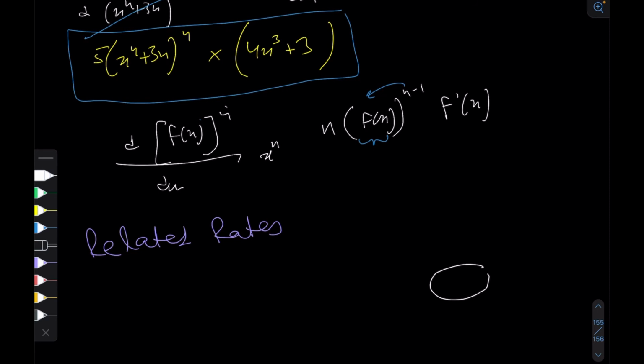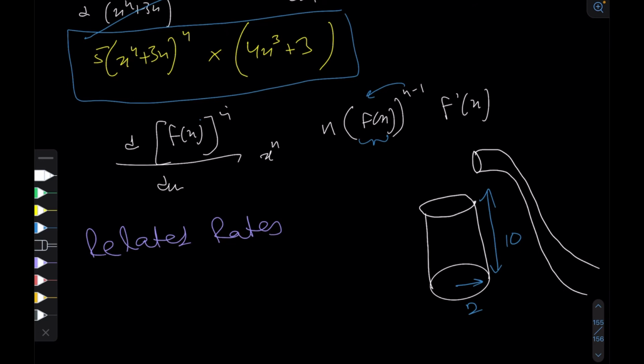So for example, if I have a cylinder right over here, and let me draw this, let's say the cylinder is of radius 2 and is of height 10, and there's some pipe over here that is pouring the water into this at a constant rate of, let's say, 2 meters cubed per second, right?